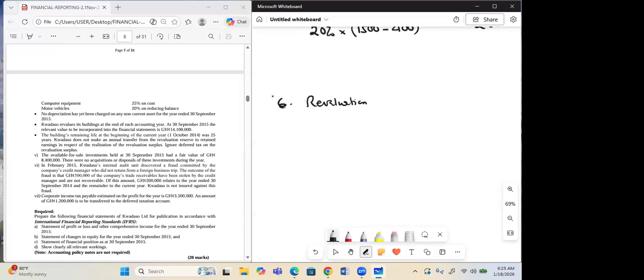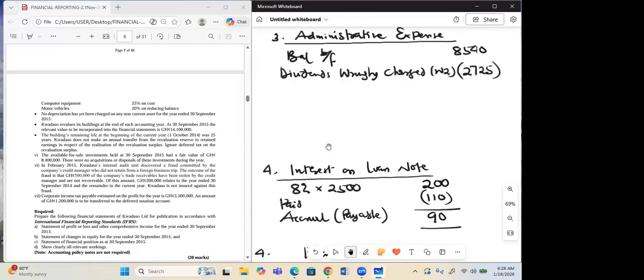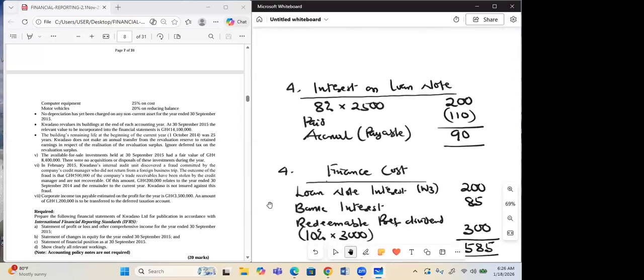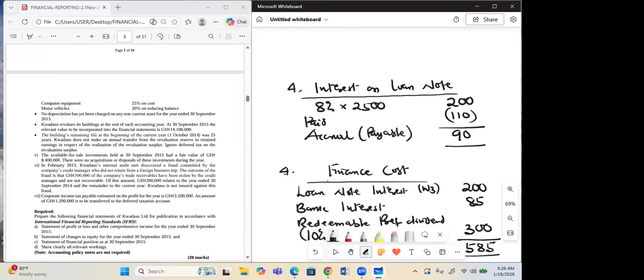I think this is supposed to be working 7. So this one is supposed to be 5, right?